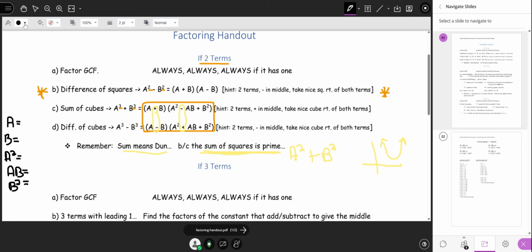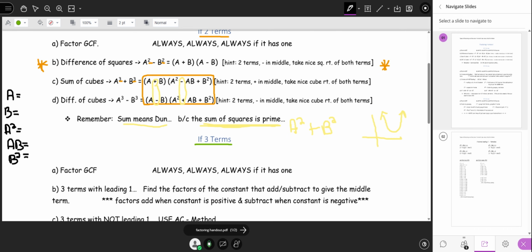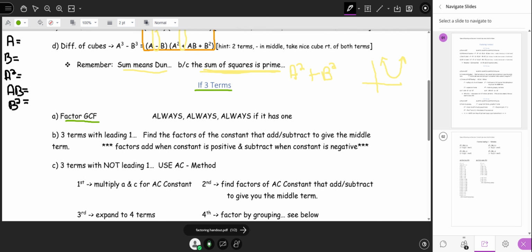Now, three terms. Let me change colors. Three terms. Again, greatest common factor. The next thing is three terms with a leading one.